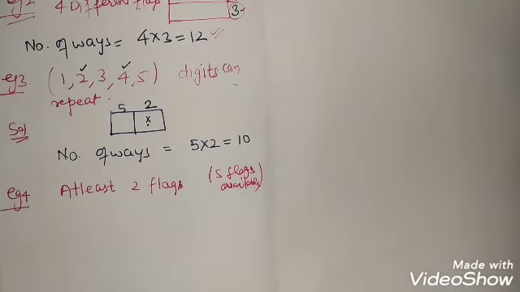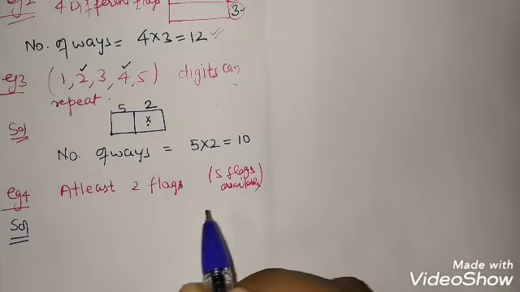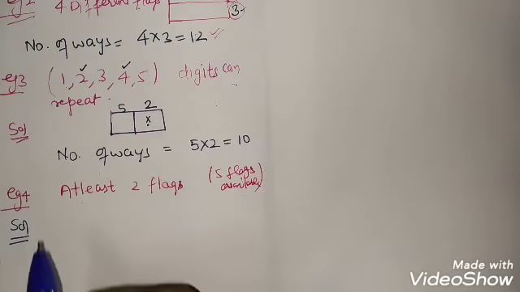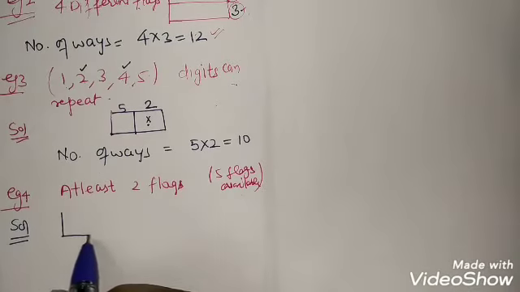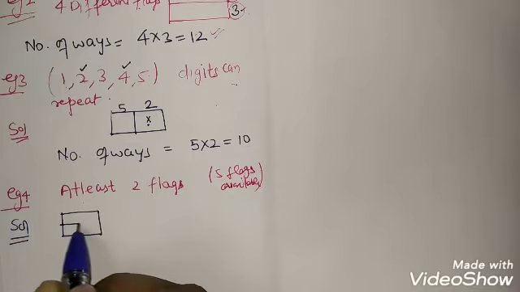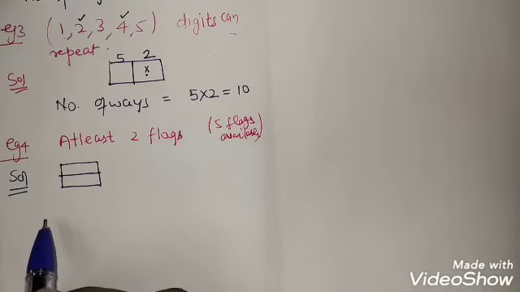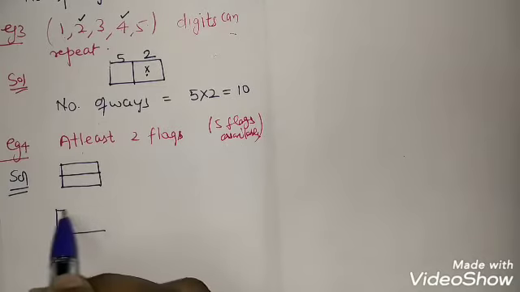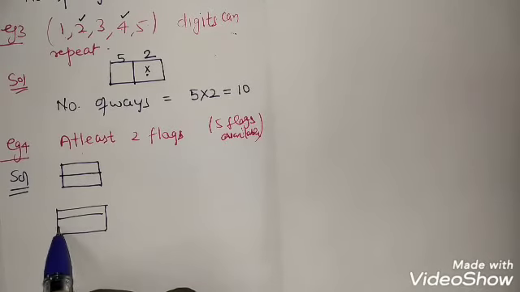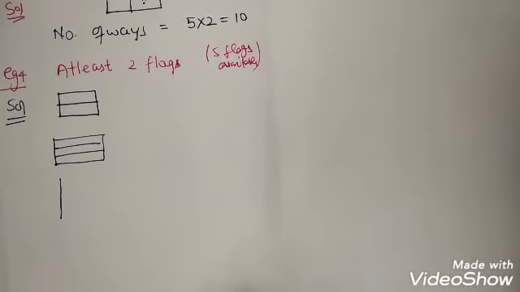See how we can do this solution. At least 2 flags, minimum 2 flags we have to use. So we can use 2 flags. We can also use 3 flags. We can use 4 flags as well.